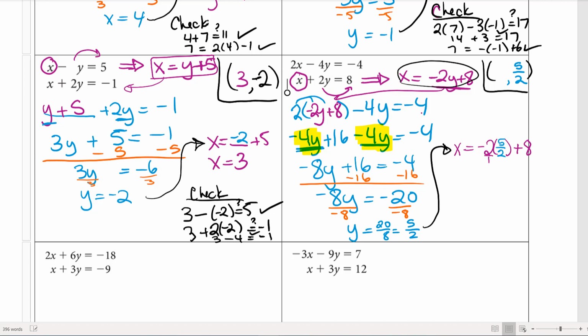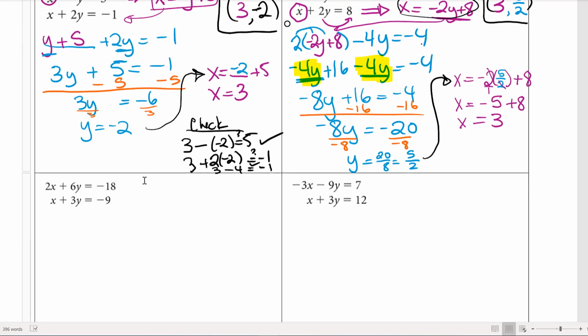Now you can use your calculator if you really want to, but the 2 in the numerator and the 2 in the denominator just undo each other, or cancel if you must. So that leaves me with negative 5 plus 8. And negative 5 plus 8 is 3. So this one didn't turn out to be so bad. Again, you can use your calculator if you really want to. I'm going to go ahead and let you try that check on your own and move on to our next problem.